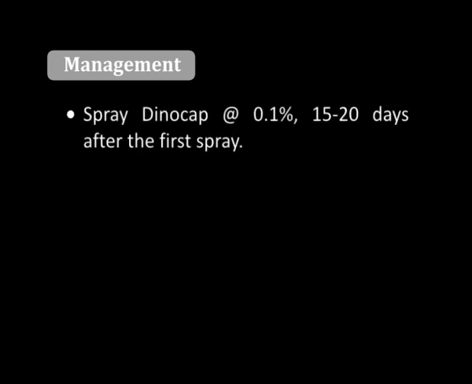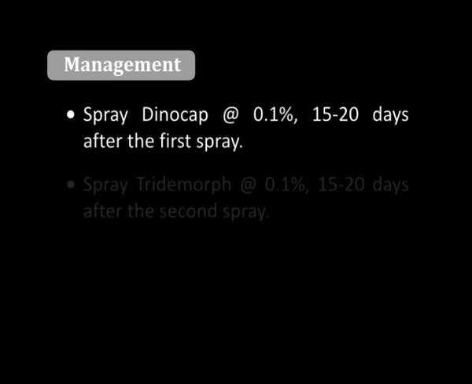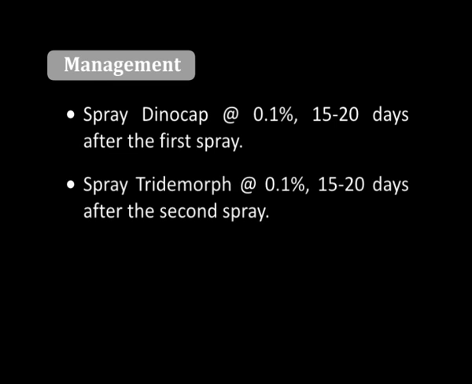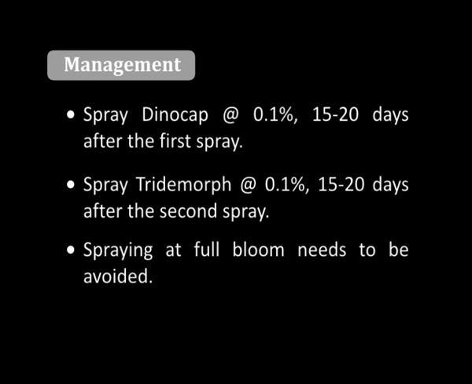Spray Dinocap at the rate of 0.1% 15 to 20 days after the first spray. Spray Tridemorph 0.1% 15 to 20 days after the second spray. Spraying at full bloom needs to be avoided. So this is all about powdery mildew.